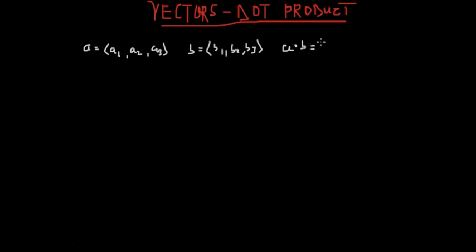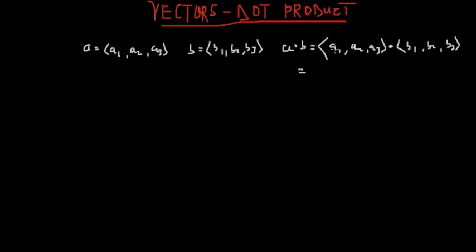This is how you write the formula. You have a1, a2, a3, dot, b1, b2, and then b3. So this is how you write your dot product, and this is how you solve for it.